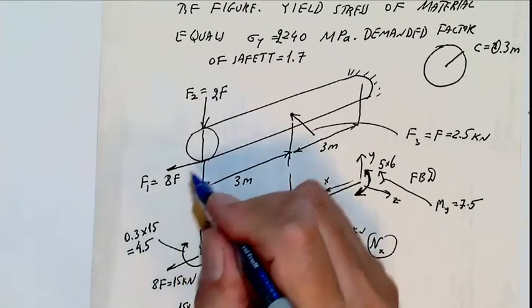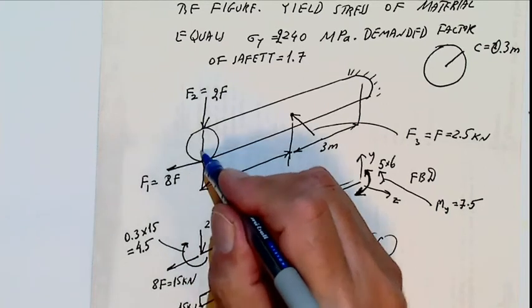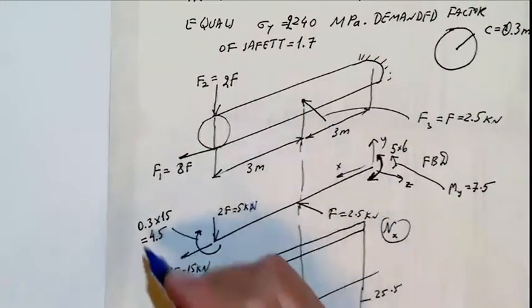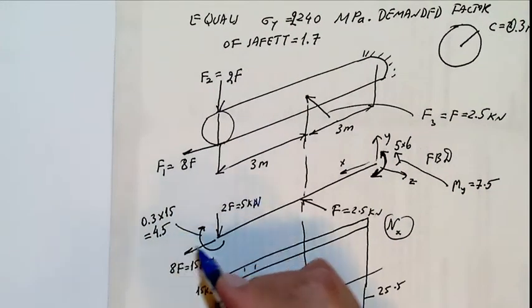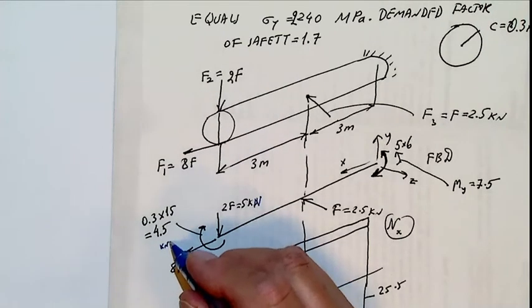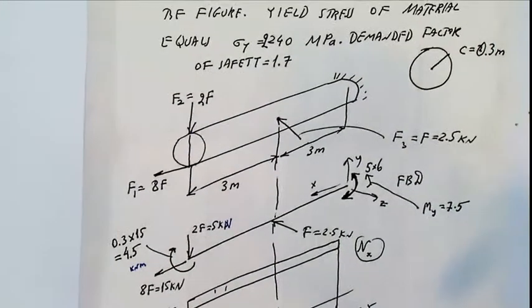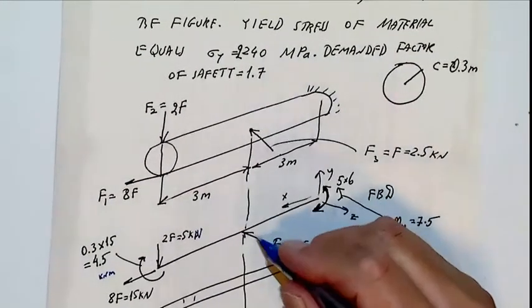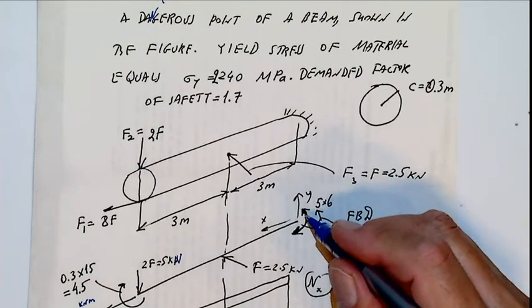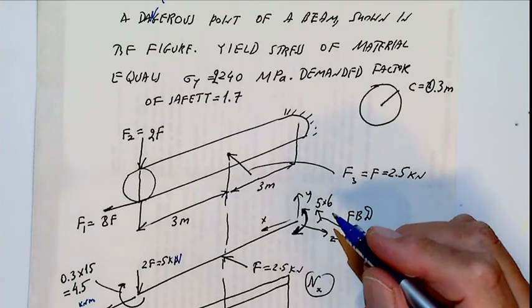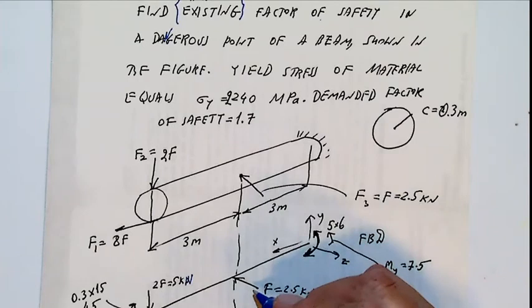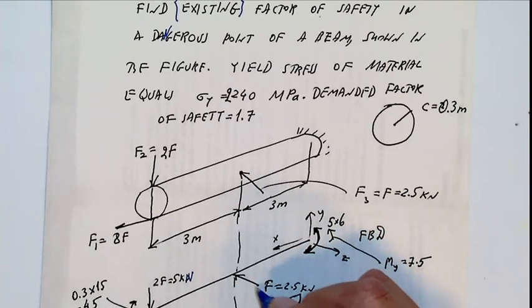And this 8F is 15 times the radius, 0.3, sorry, 0.3 times 15 equals 4.5 kilonewton meters. Now this load is 2.5.